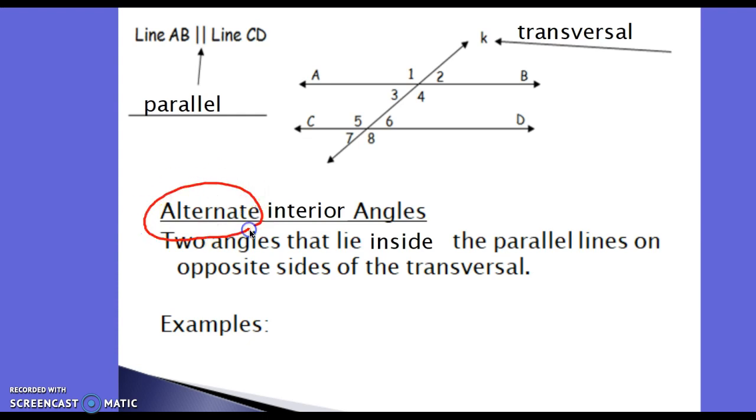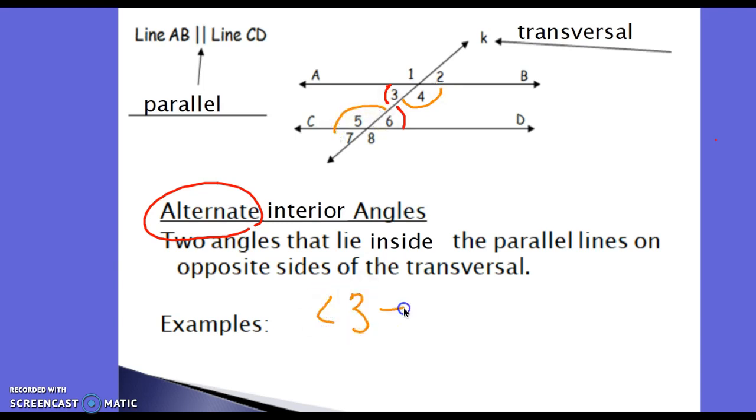Alternate interior angles means they are on opposite sides of the transversal, and they're alternating. And so angle 3 and angle 6 would be a pair of alternate interior angles. Another pair of alternate interior angles would be 4 and 5. And alternate interior angles have the same measure.